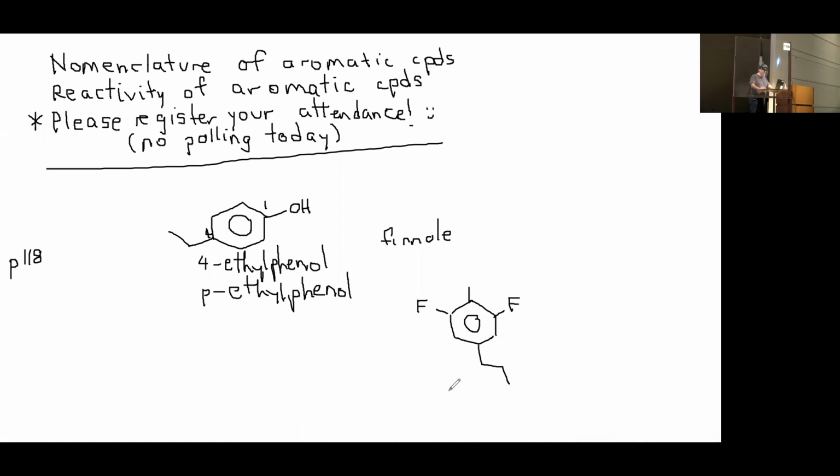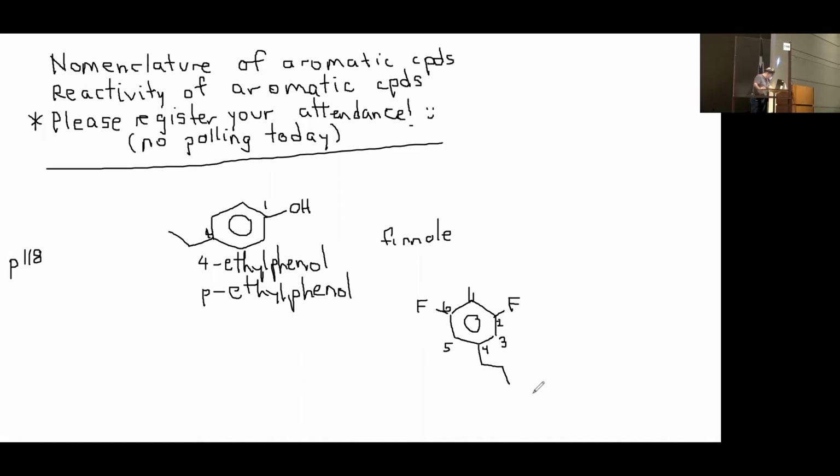So which of these groups is going to take precedence? I kind of think the methyl will, because methylbenzene, no one calls it methylbenzene, everyone calls it toluene. So if we call that carbon 1, the one that has the methyl group attached, looks to me like 2, 3, 4, 5, 6 is the most logical way to number that.